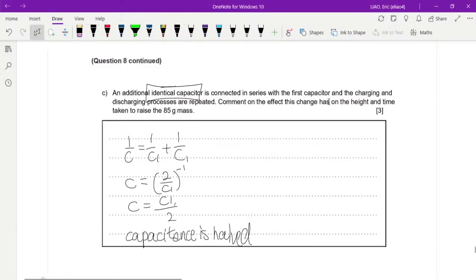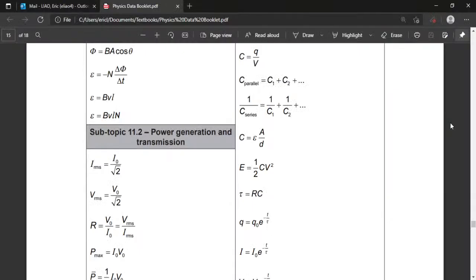So, the height and the time it takes to raise the 85 gram mass.